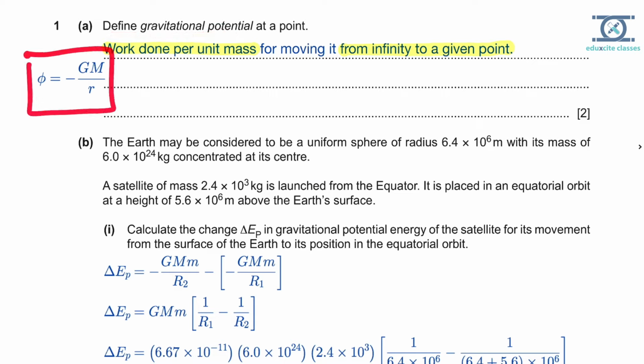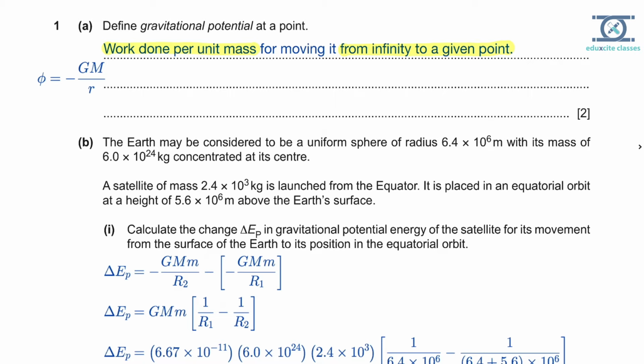This is the mathematical expression. Phi denotes the gravitational potential, which equals minus capital G m by r, where G is the universal gravitational constant, m is the mass of the object, and r is the distance which we have moved from infinity to that point.